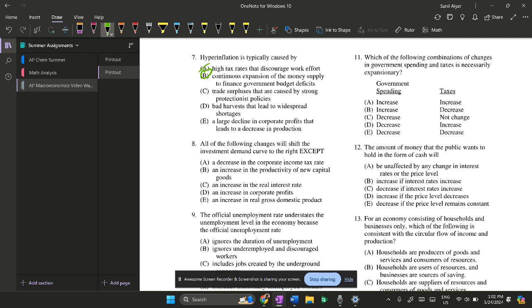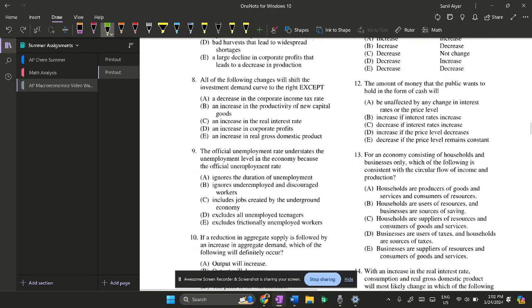So really what hyperinflation is associated with is the money supply. So that's going to be your right answer here. And the key word here is the budget deficit. That is what inherently creates inflation. And then continuous expansion of that is that hyper portion of hyperinflation.